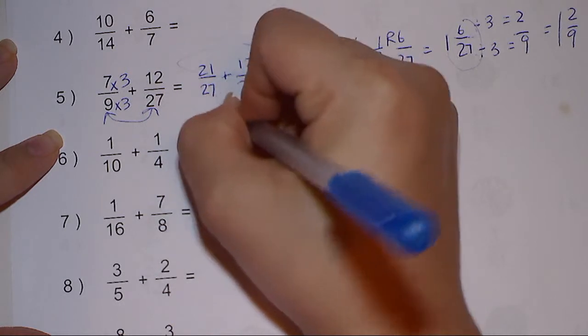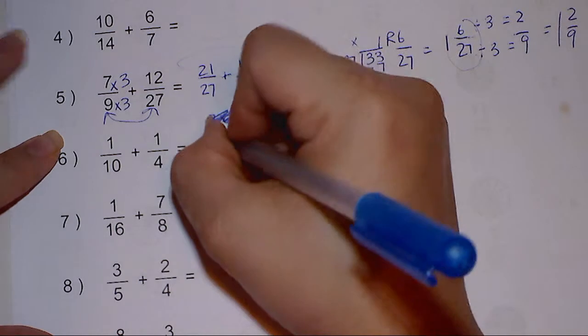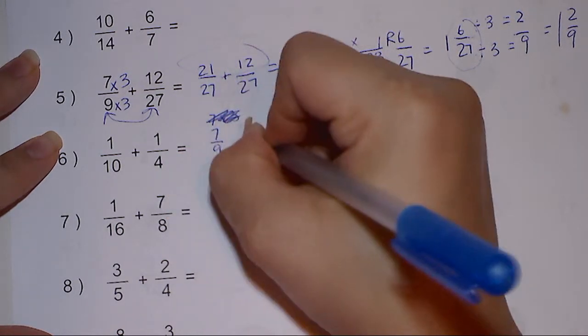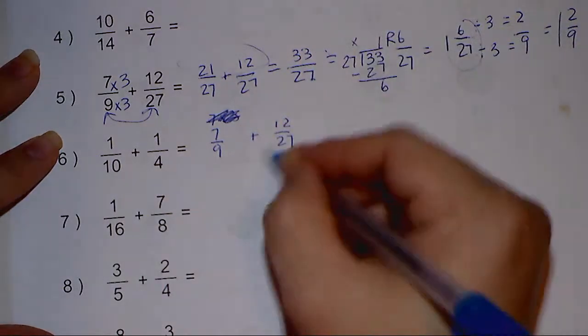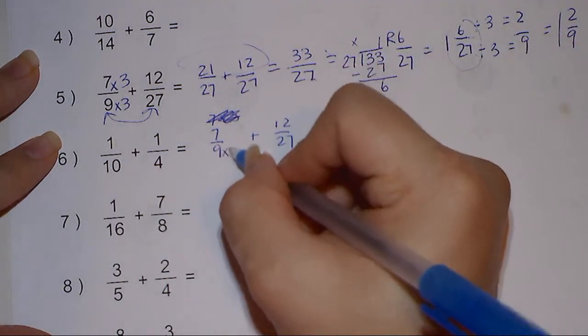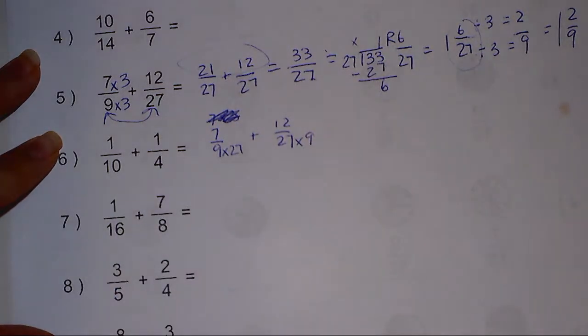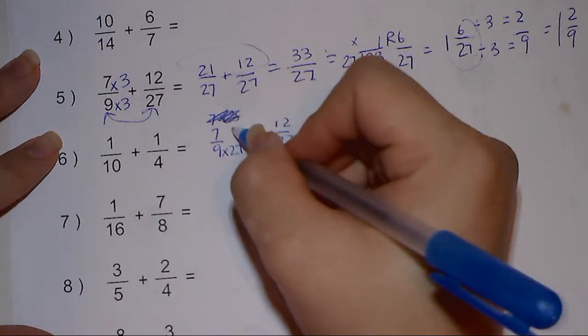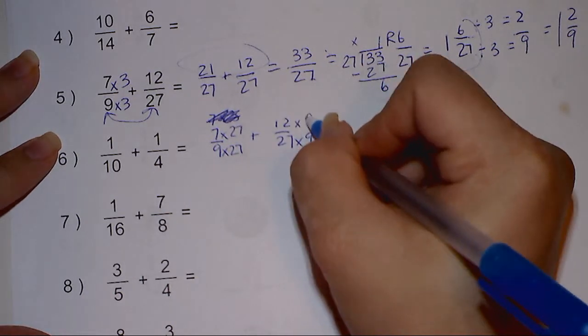Oh, sorry. Okay, let's rewrite this. 7 over 9 plus 12 over 27. So multiply by each other. Times 27 times 9. Okay? So what I do to the bottom, I must do to the top. So times 27 times 9.